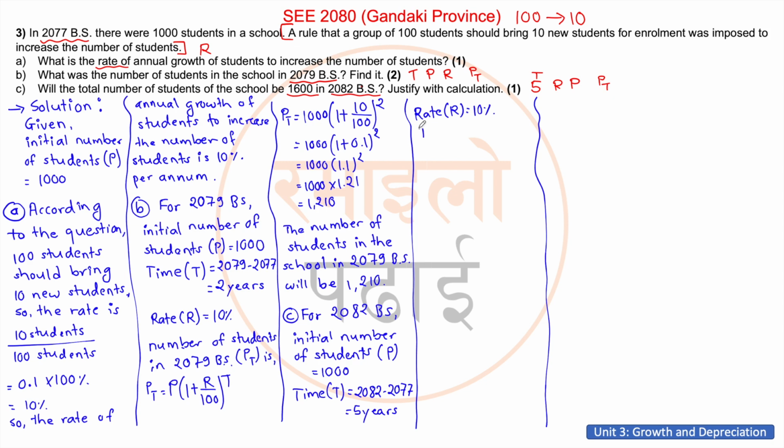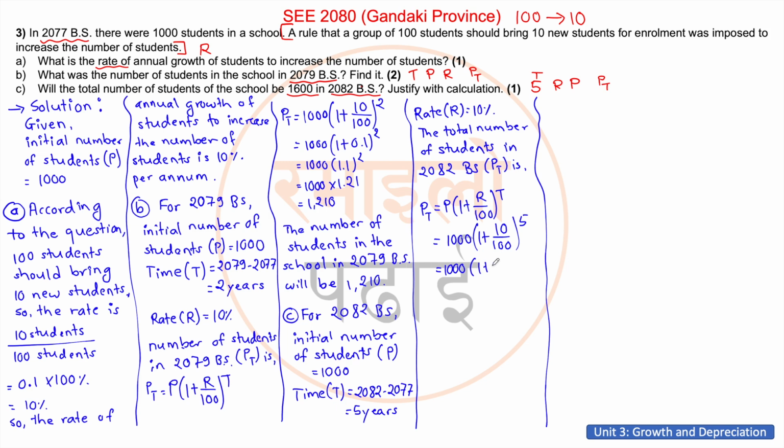Now the total number of students in 2082 BS, we will write it as PT. We will write the formula PT equals P times (1 plus R upon 100) to the power T. We have P equals 1000, 1 plus R equals 10 upon 100, time equals 5 years, which equals 1000 times (1 plus 0.1) to the power 5, which equals 1000 times 1.1 to the power 5, which equals 1000 times 1.61051, and multiplying that it will be 1610.51.